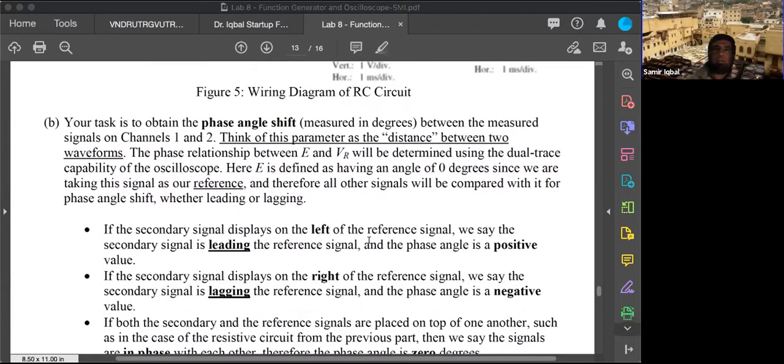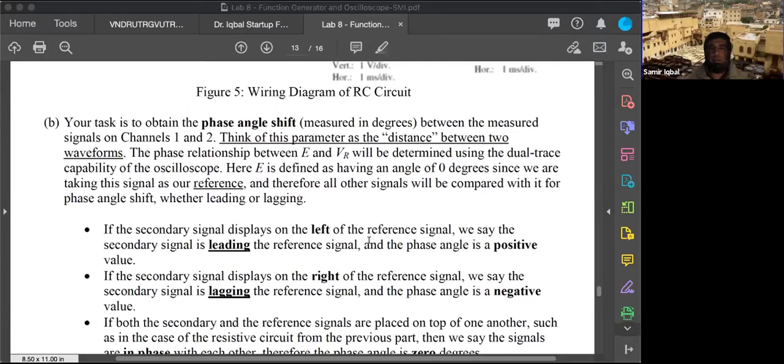I don't want to get into capacitors and inductors, they have different effects on the phase angle shift. But whether the output lags, stays behind, or the output leads, moves forward compared to the input, both are things that we want to know.